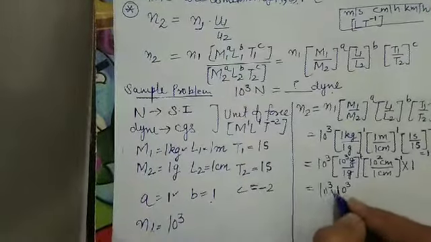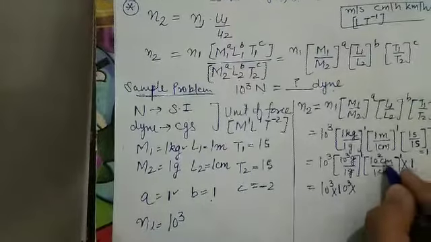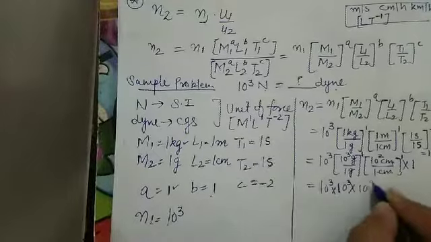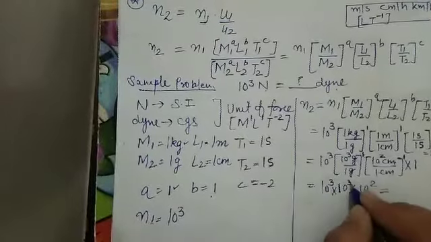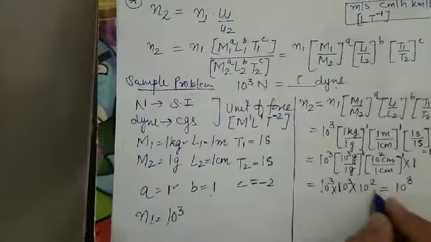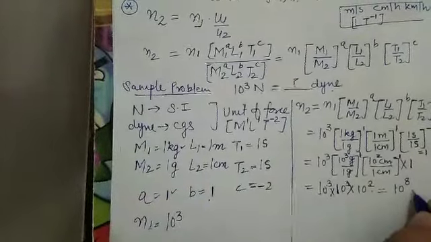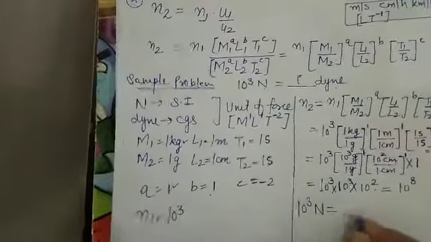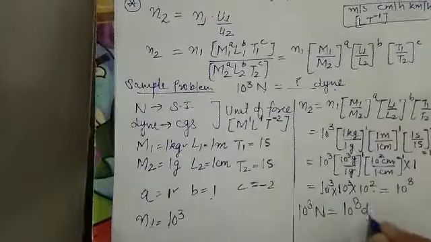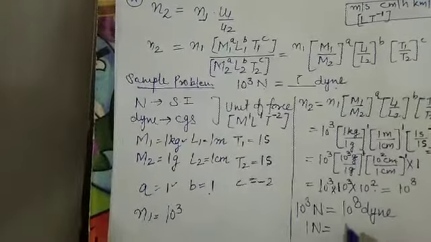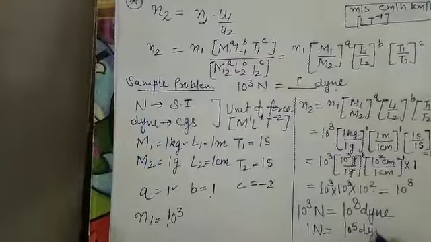It means same. Next, centimeter cancels with centimeter, 10 raised to power 2, power 1, again 10 raised to power 2. 3 plus 3 is 6, 6 plus 2 is 8. Because the base is the same, powers are to be added. 10 raised to power 8. So 10 raised to power 3 Newton equals 10 raised to power 8 dyne. So 1 Newton is equal to 10 raised to power 5 dyne.